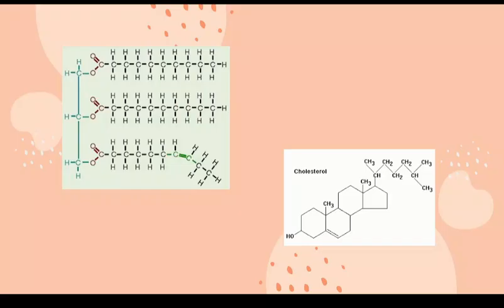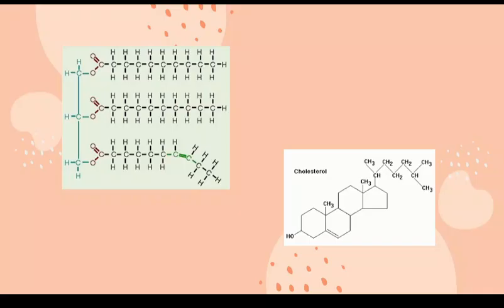The main difference between saturated and unsaturated fat is just whether there is a double bond. However, saturated fats are more found in animals and some plant-based sources, and unsaturated fat typically comes from plant sources.